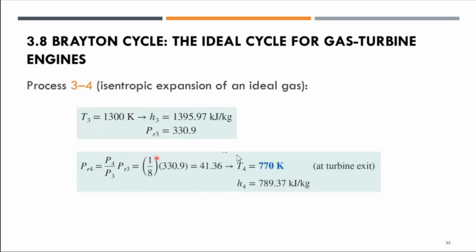Using the same approach, the pressure ratio P4 over P3 is 1 over 8, and putting in the value of Pr3, you get Pr4 to be 41.36. Reading from the table, you get T4 of 770 Kelvin, and you can also get the enthalpy at station 4. This is the value at the turbine exit.